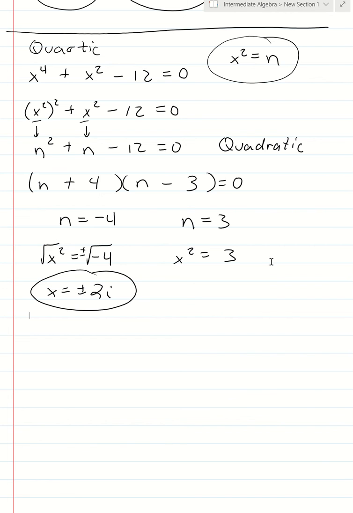So here we have two solutions, and so now here in the second equation, if x squared equals 3, I'm going to take the square root of both sides, in which case now we get x equals plus or minus the square root of 3. So now once again we have 4 solutions. 2 of them are real, square root of 3 and negative square root of 3. Those are real numbers. 2 of them are imaginaries, positive 2i and a negative 2i.